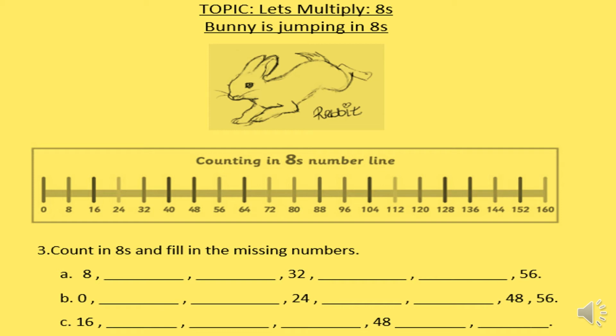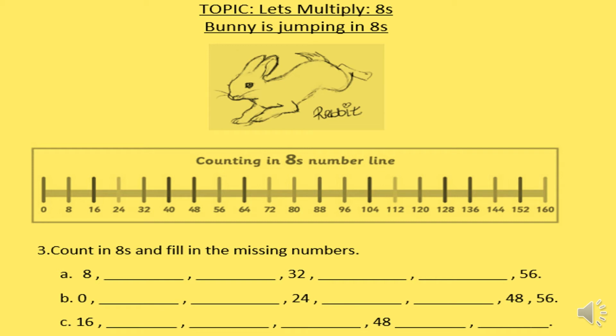A part starts from 8, next numbers would be 16, 24, 32 is given, then 40, 48 and 56 is given. B part starts from 0, then you will write 8, 16, 24 is given, 32, 40, 48 and 56 is given.